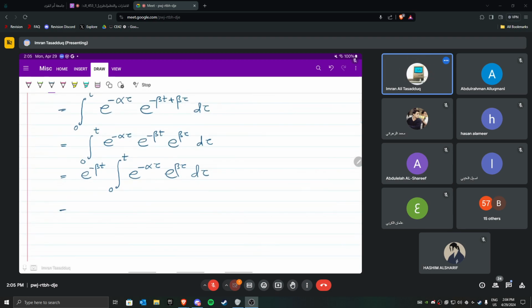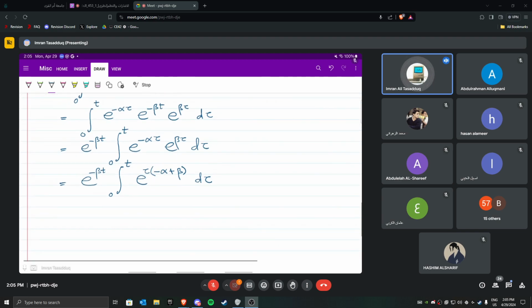Then this is equal to e to the power minus beta t times the integral from 0 to t of e to the power. Now we can take tau common, right? So it is tau into minus alpha plus beta d tau. Now you know what alpha and beta are. Alpha and beta are constants, some numbers, so it's like a constant. So what should be the integral of this?